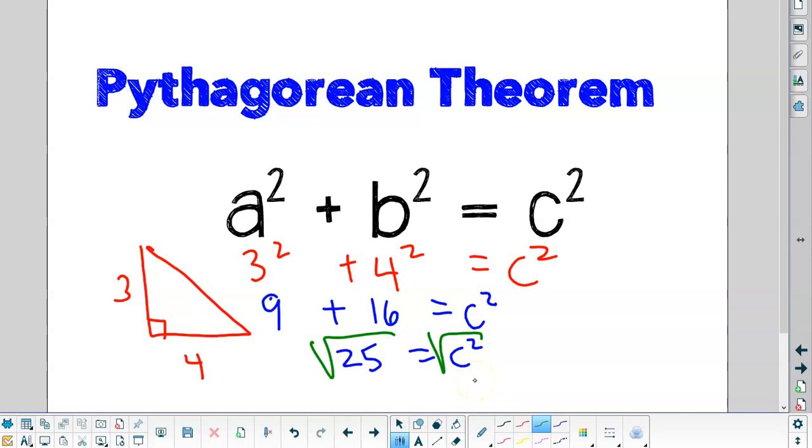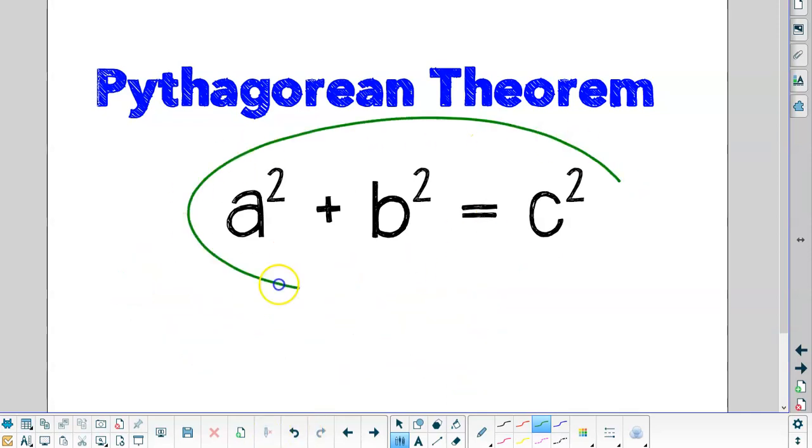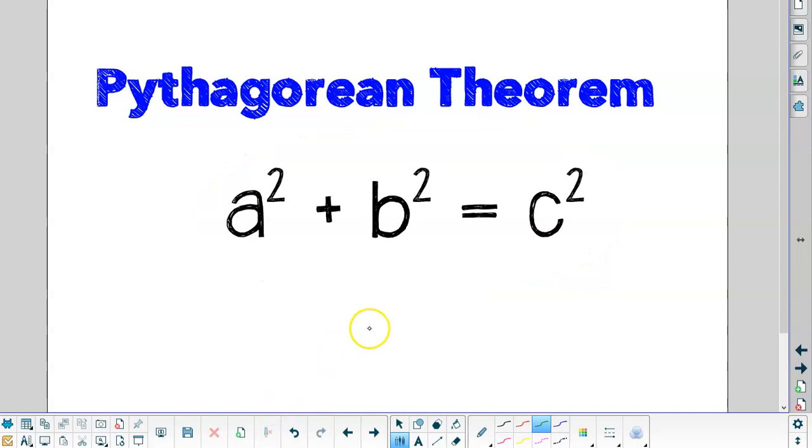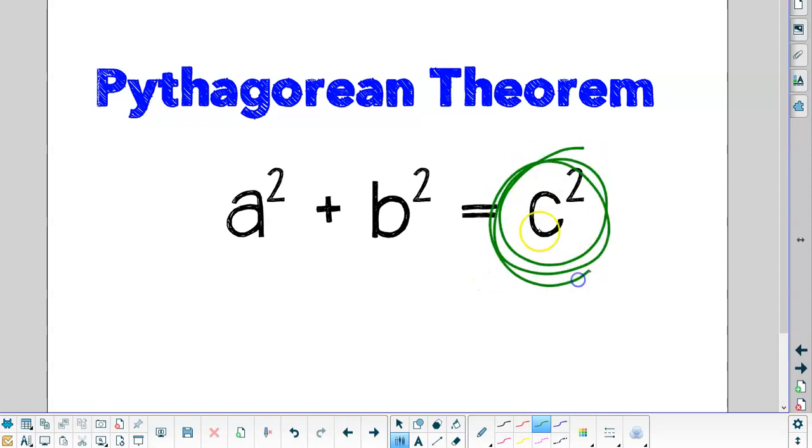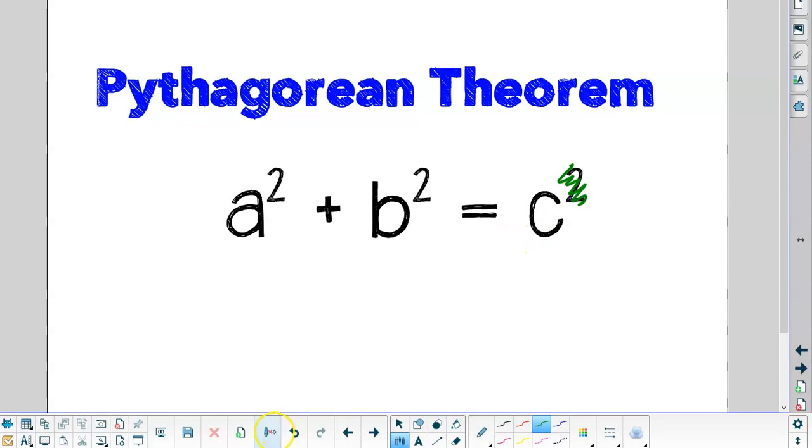then we had to add the squares together, and then we had to square root our values. So what we're going to do today is manipulate the formula from the beginning so that we can enter it into our calculator just one time. And that means that if I want to find out what a hypotenuse is, let's say, which is the letter C, I would remove this power of 2 by rooting that.